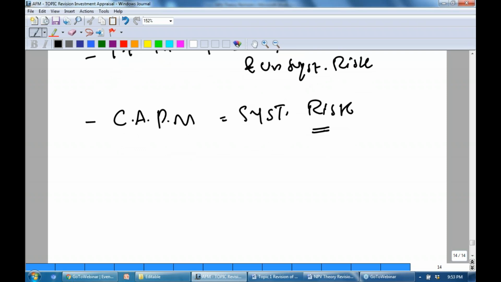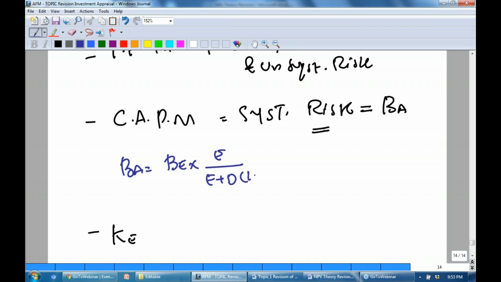And after that, when we calculate the KE, we have to consider that systematic risk is measured through beta asset. And the working of beta asset in this scenario: beta asset equals beta equity into E upon E plus D(1 minus T).